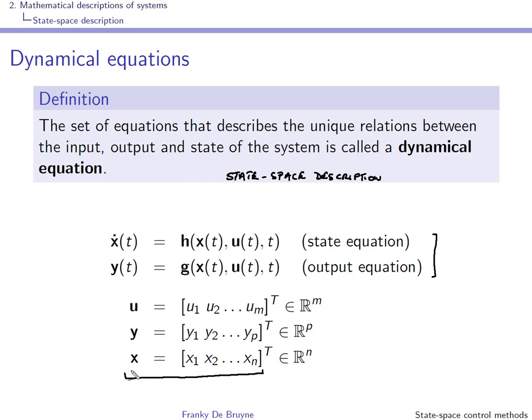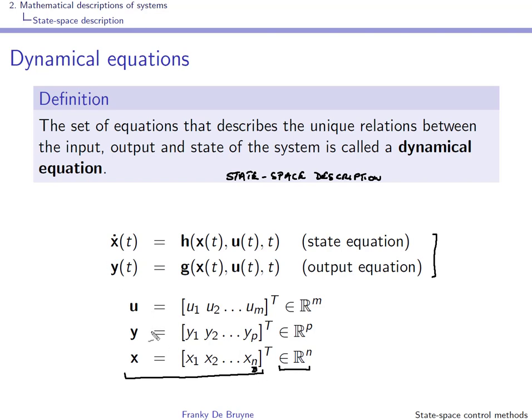Remember in the previous example that came from mechanics, we had that the state vector was composed of position and velocity, so it was in R^2. So n was equal to 2 in this case. In the general case, x will be a vector with n components, n states, so x will be in R^n.